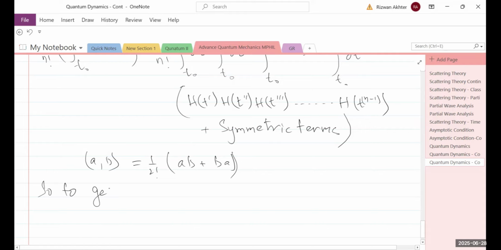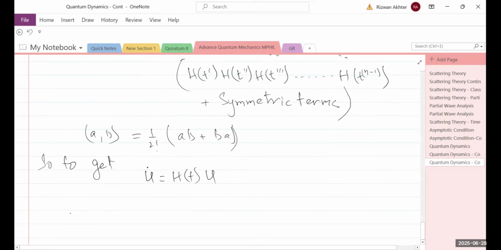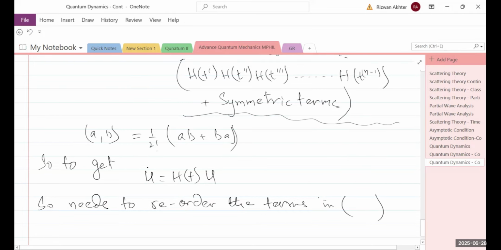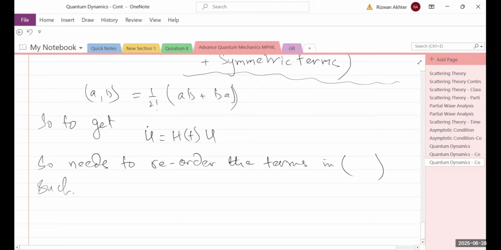So to get u dot, क्योंकि again हमें इसको satisfy करना है u dot equals h of t into u, so one needs to reorder the terms in this bracket term, ये जो bracket term, such that h of t prime is always on the left.